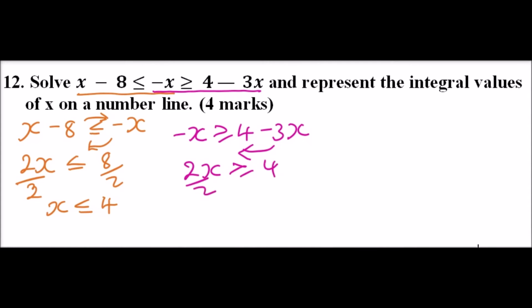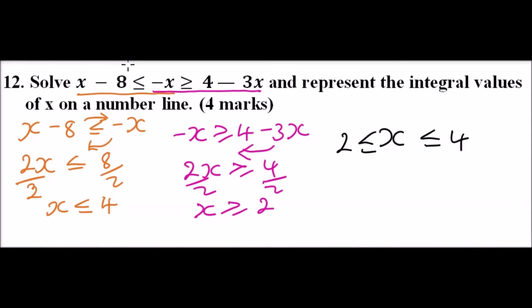Divide both sides by 2. You find x is greater or equals to 2. So we can now combine and say that x is greater or equals to 2, less than or equals to 4, and that's how you do it.